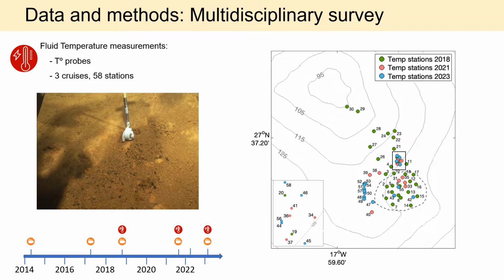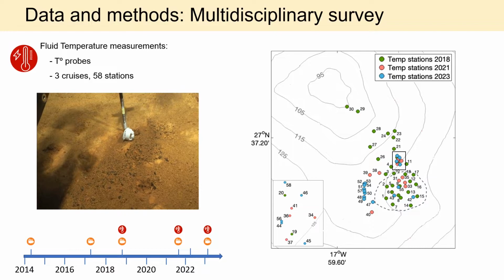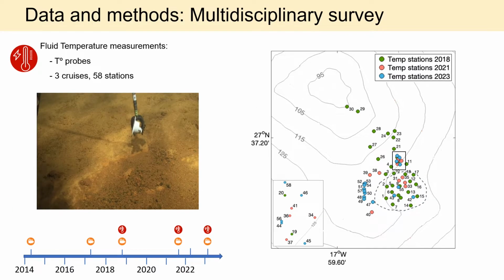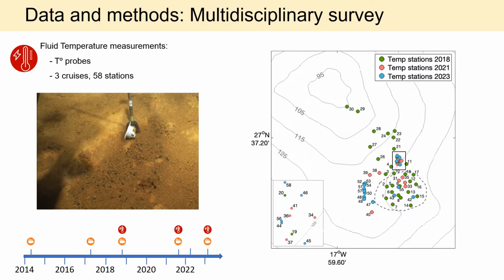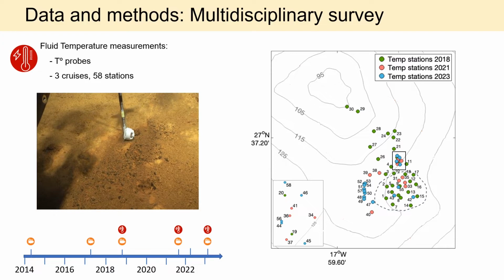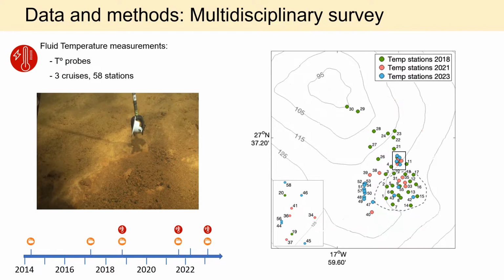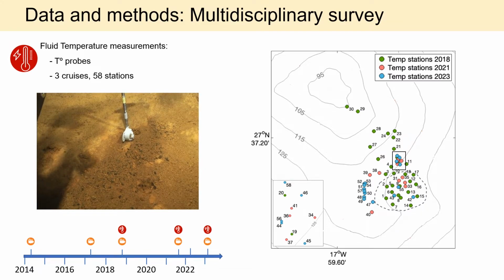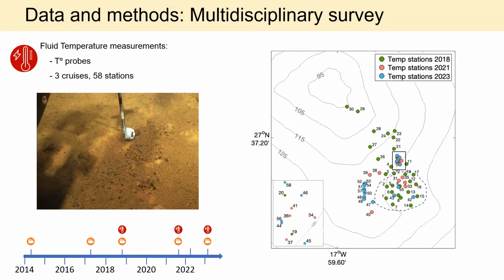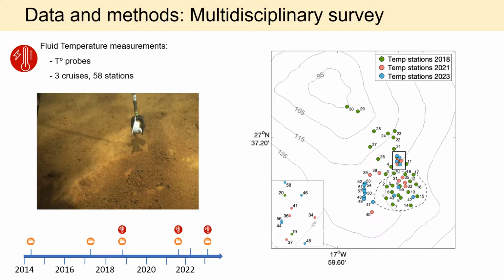To do that, we used this temperature probe that was introduced into the sediment, about 20 centimeters deep, just to see what the temperature of the hydrothermal fluid was before it goes up to the surface, to avoid the dissipation of the heat.